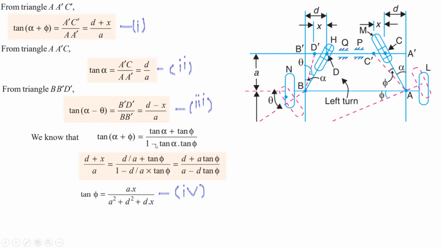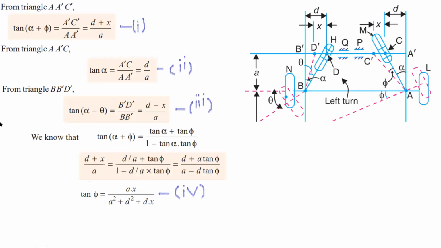And here, instead of minus, plus will come: 1 plus tan alpha into tan theta. It is the tan a plus b formula, and here it is the tan a minus b formula. Okay, so we check it. Yes, sir. Sorry, sir.